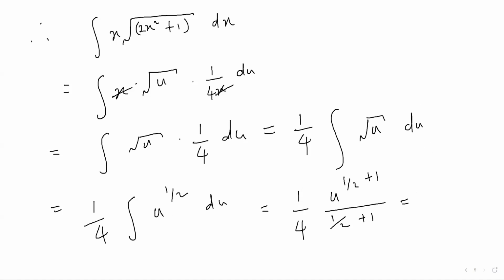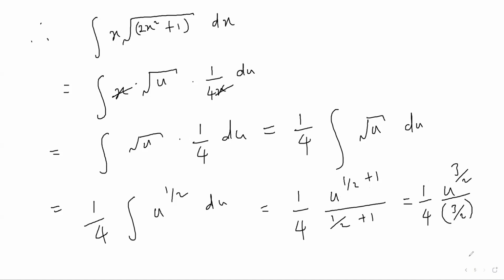Now, how do we evaluate this? Well, we've got a quarter times u to the half plus 1 over half plus 1. So this is the same thing as a quarter times u to the, now half plus 1 is 3 over 2, so you put this over 3 over 2.